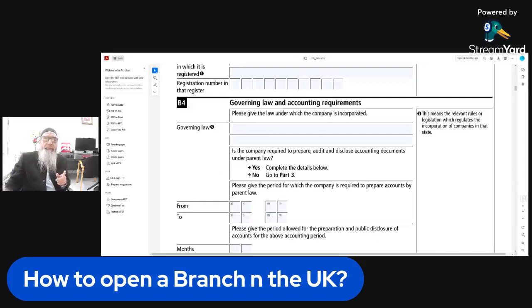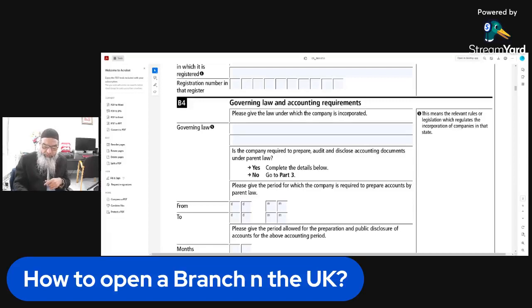The governing law: please give the law under which the company is incorporated back in the home country. Is the company required to prepare, audit, and disclose accounting documents under its parent law? Yes or no?